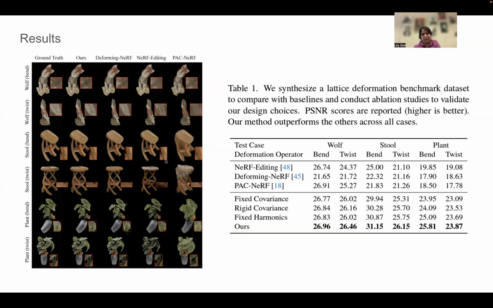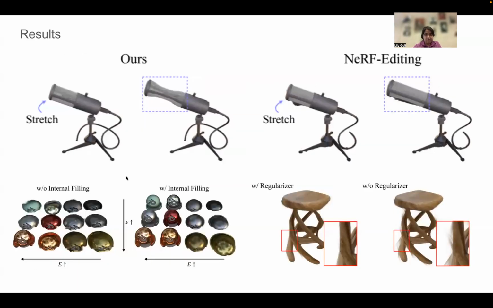I think most of it comes from the fact that they're both physics-based, and 3DGS itself is better in quality. And this shows it better. So for example, NeRF editing doesn't have any physical awareness. So when you try to stretch this, mass conservation is not preserved here, while theirs does a better job.